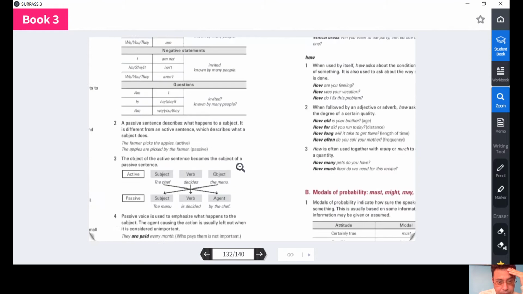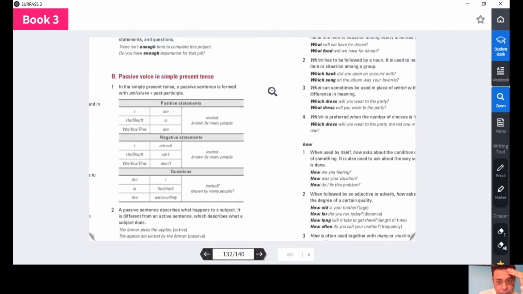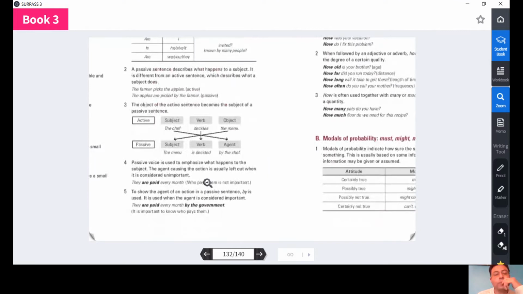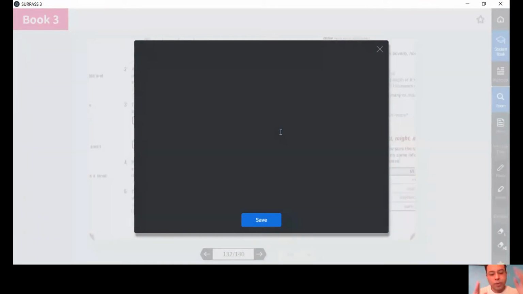Okay. So this is pretty important for our classes: in passive voice in present simple, you have to change the sentence. And in our classes, we are going to use these formulas.